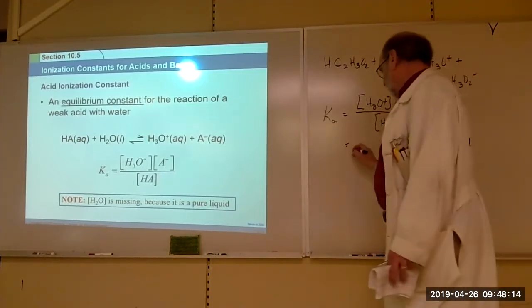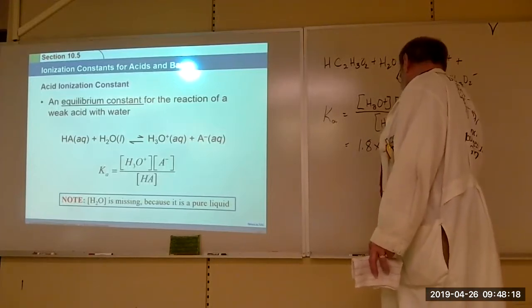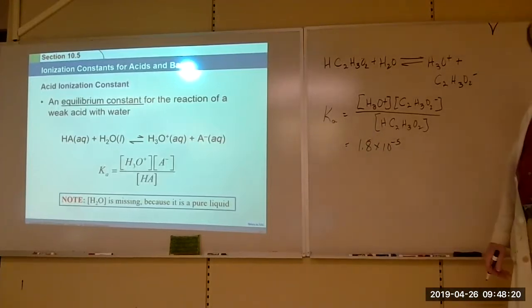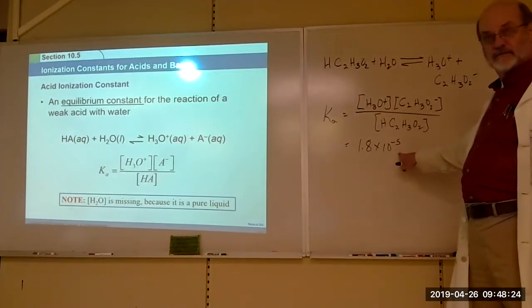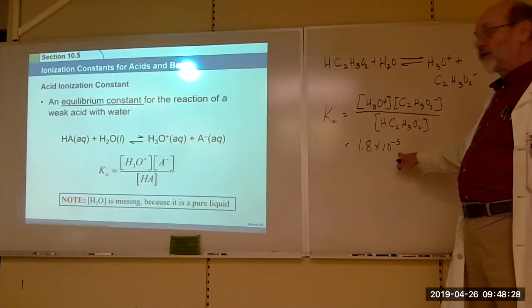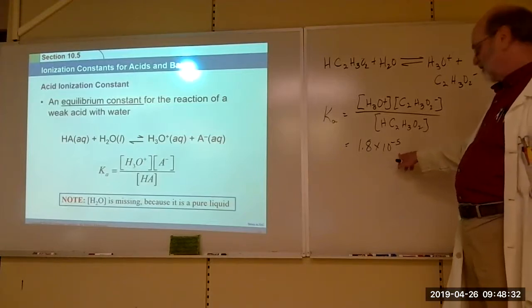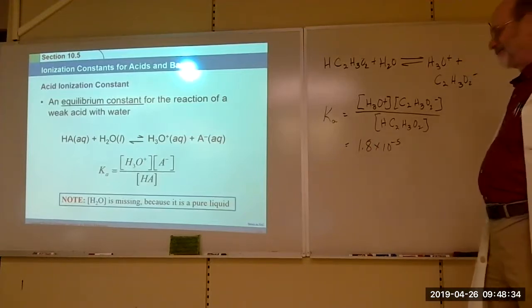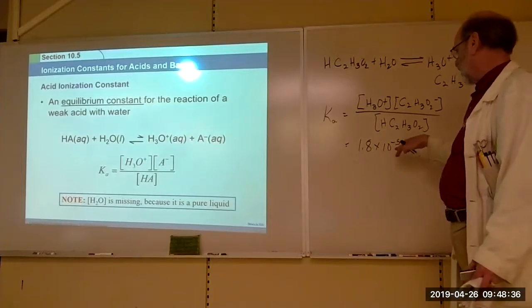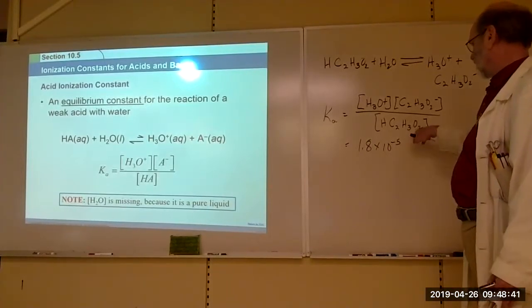Okay, and the value for that is 1.8 times 10 to the minus 5th. So it's a very, very small number, right? 100,000, or 1.8 times hundreds of thousands.